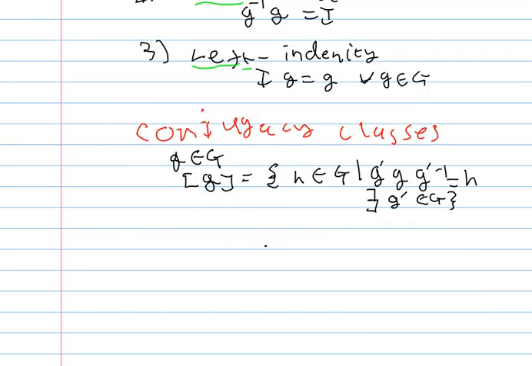So let's try and find the conjugacy classes. It turns out that I is always in a conjugacy class by itself. That should be clear from this relationship. If you have I for G, then the only element you can get out is I, because G' times G'^-1 by definition is I.